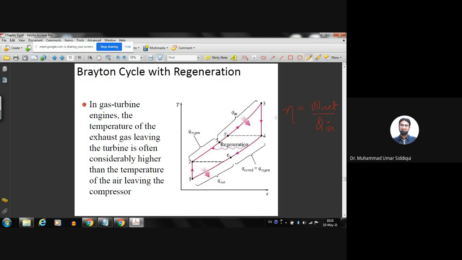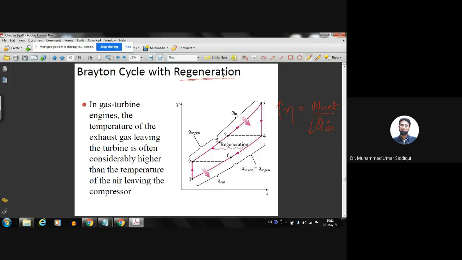So one way of increasing the efficiency is to reduce Qin. Because Qin is in the denominator, if you reduce the denominator, the overall value is going to increase. That's the idea where we introduce regeneration.